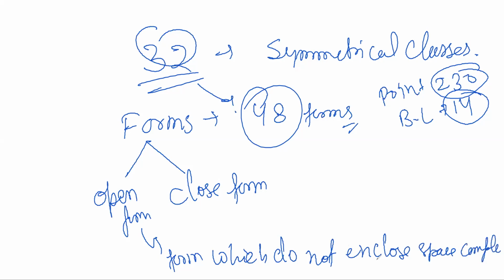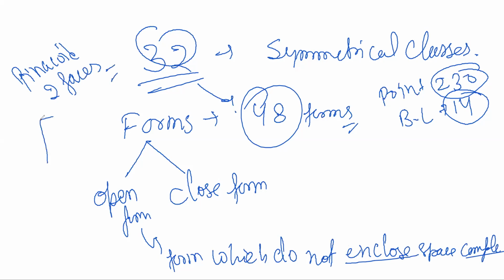They enclose the space but not completely. So there are open forms, like we could say the pinacoid. The pinacoid has two faces only. One face, another face at the back side. So the down portion, and the left and right portion are open. So this will be an open form.